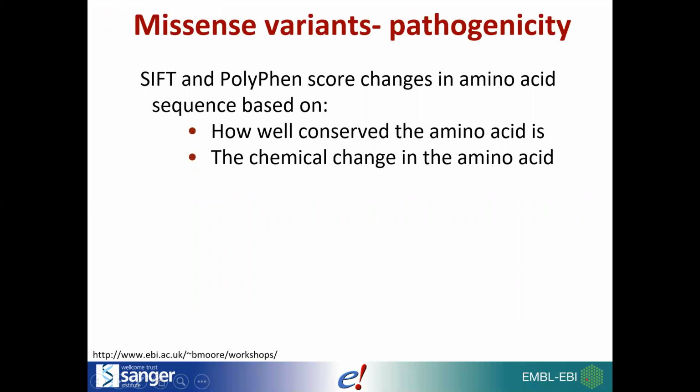Now, the idea of changing an amino acid, this is something we already talked about when we discussed sequence alignments. We get a clue of the importance of an amino acid position in a protein by seeing how well it's conserved between different species. So conserved sites are more likely to be important and more likely to be pathogenic if they are mutated in a patient, whereas highly variable sites are less likely to be pathogenic.